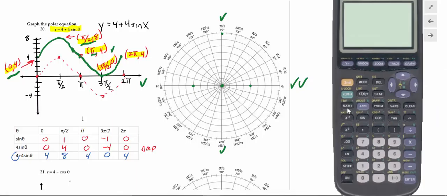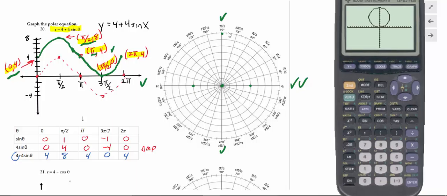Now I'm going to go ahead and do this on the calculator and show you what's really happening on this thing. If I can get the calculator to come on. There we go. Okay, so I'm going to clear that off, and we're just going to put in 4 plus 4 sine theta. And we'll just do this in a standard window.